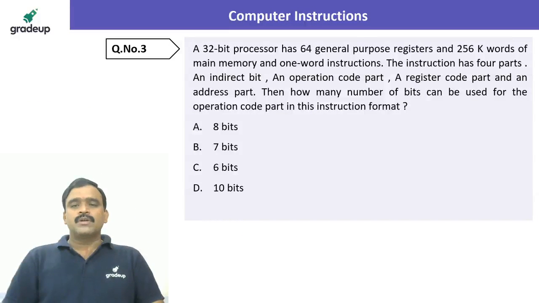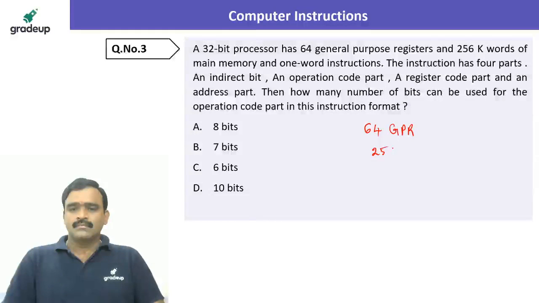A 32-bit processor has 64 general purpose registers and 256 kilowords of main memory. This is the main memory size.